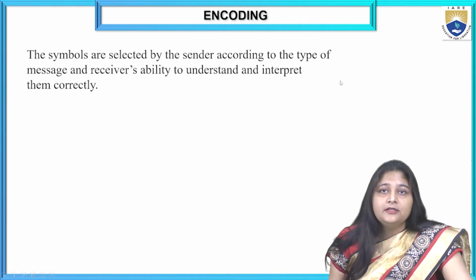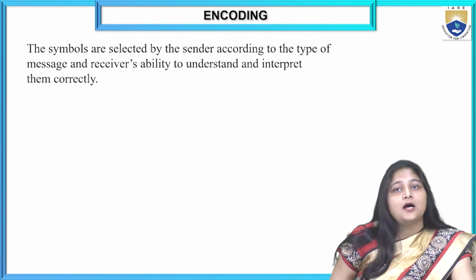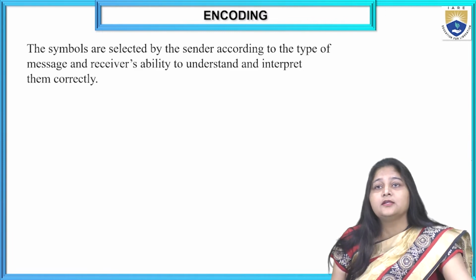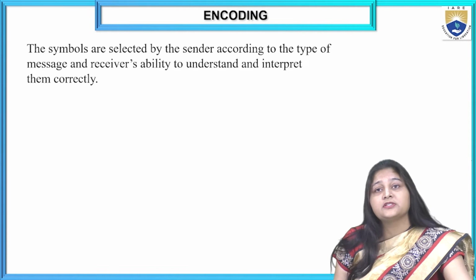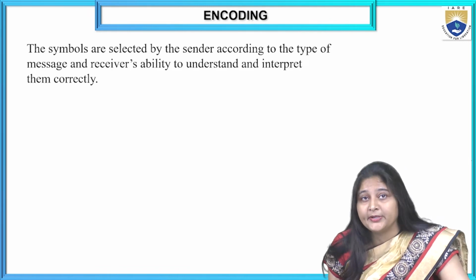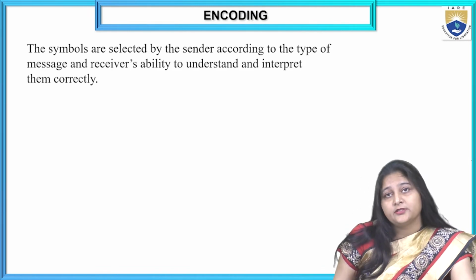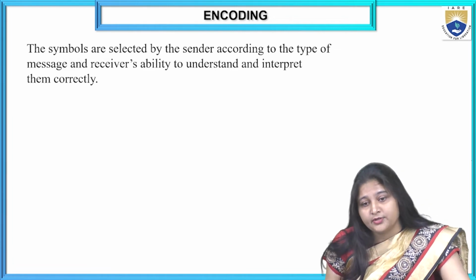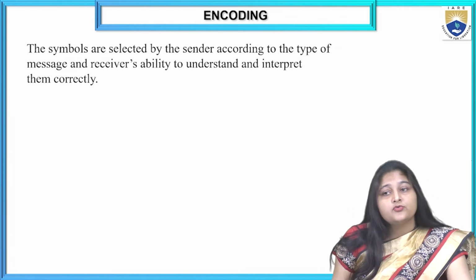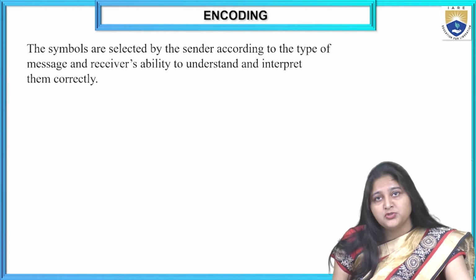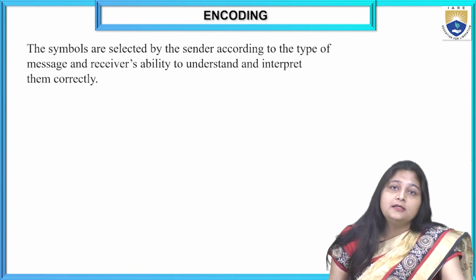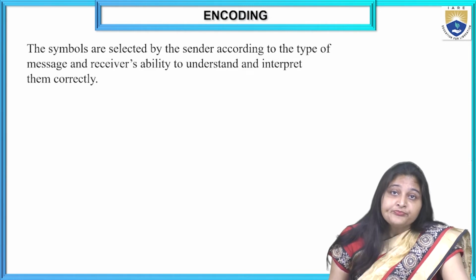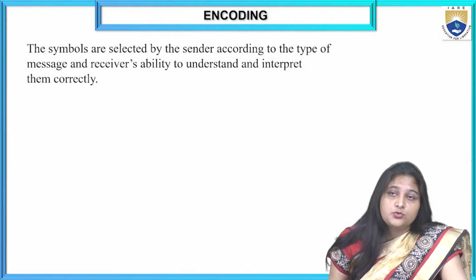In encoding, the symbols are selected by the sender according to the type of message and the receiver's ability to understand and interpret them correctly. For example, a teacher should always use language that is understandable by his or her students.